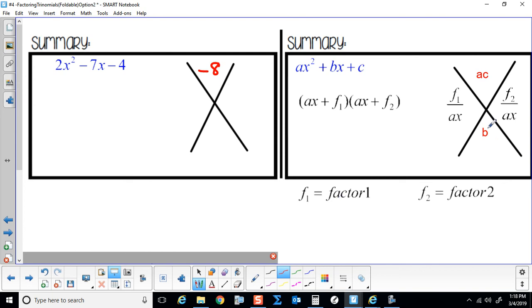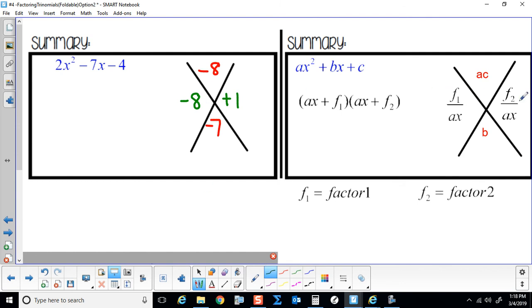And then we're going to write b in this region. So b is negative 7. Now we're going to come up with two factors that multiply to negative 8 and add to negative 7. So we think of the factors of 8. A negative 8 and a plus 1 multiply to negative 8 and add to negative 7.